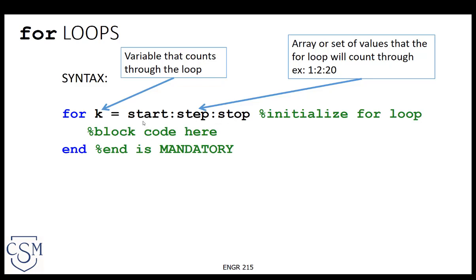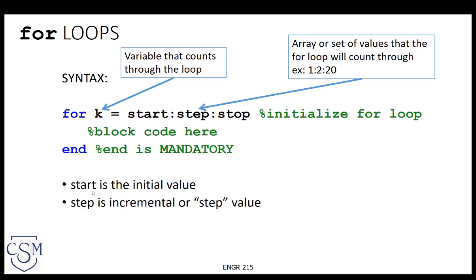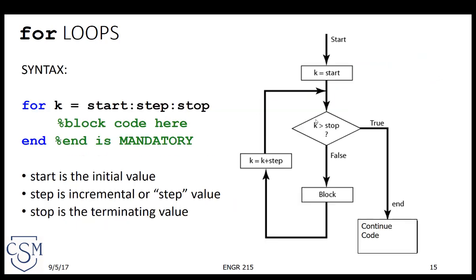The notation should be your start value, your step value, and your stop value, where the start value is the initial value, the step value is the increment, and the stop is where you want to terminate your loop. Within that, you can have any block of code, and just like our branching, for loops always have to have an end statement, so that is mandatory.